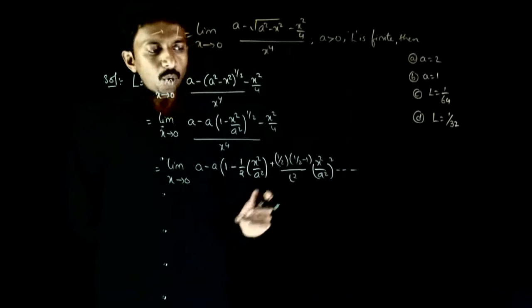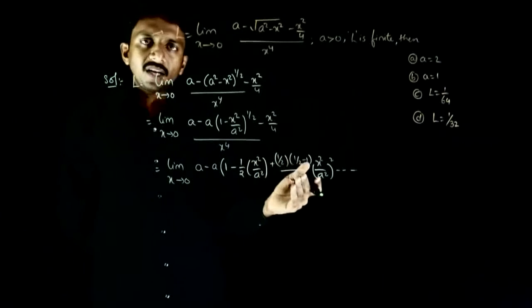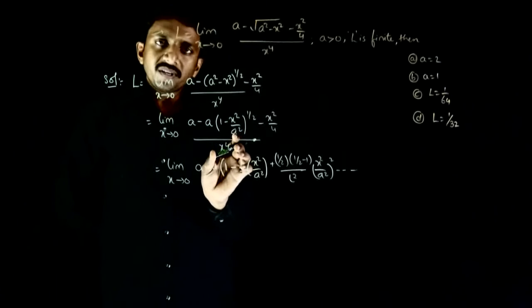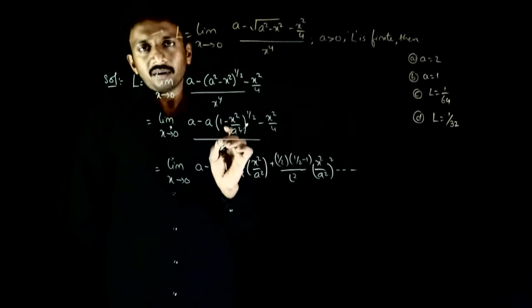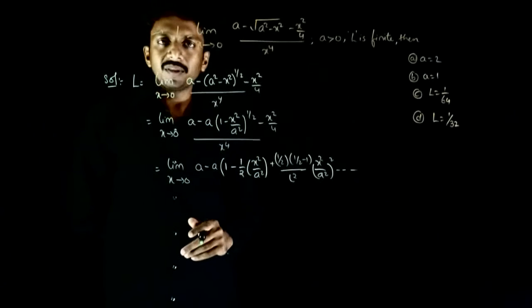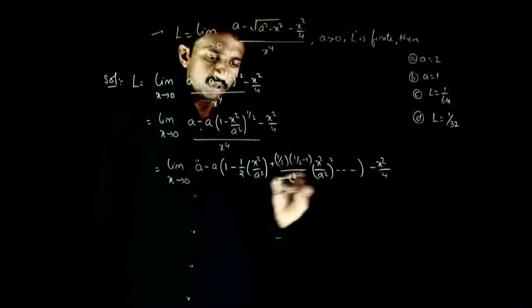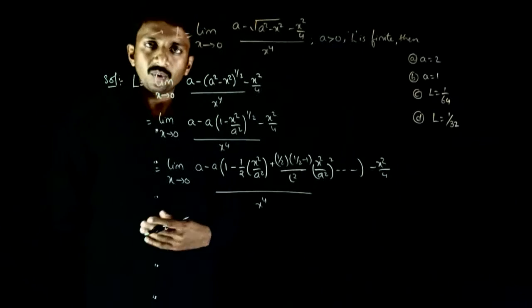After this, I don't want the terms more than x power 4, because the terms after that I will not need, because in the denominator the least power is x power 4. I just need up to x power 4, higher powers I will not need. So on, minus x square by 4, by x power 4.